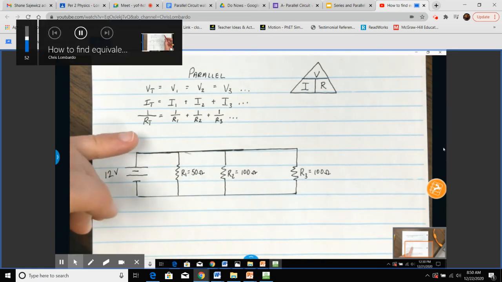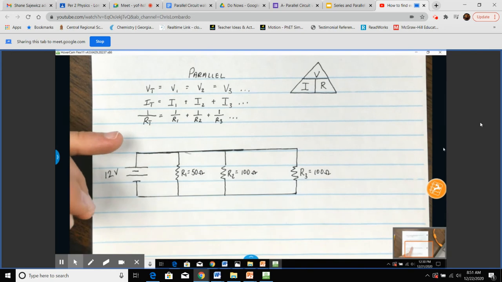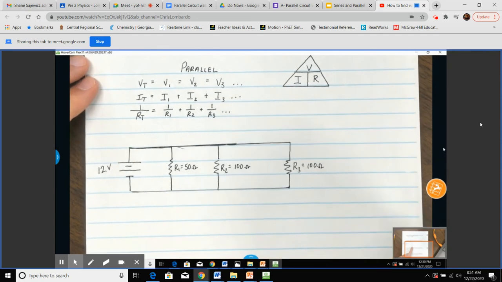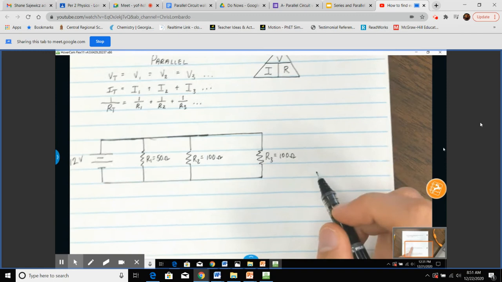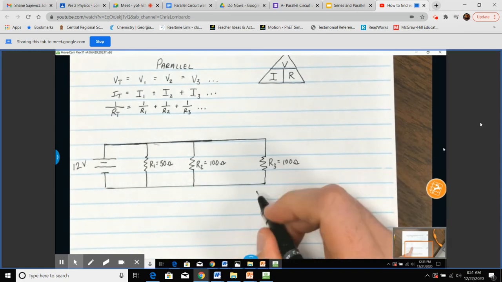Now, to find the total resistance, sometimes called REQ, is very simple. I would say let's go about it first over here. We have R1, R2, R3, right?